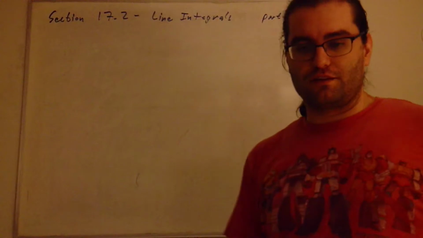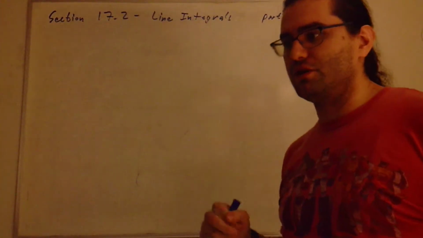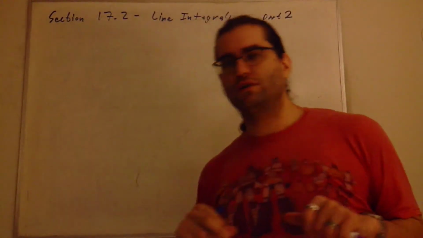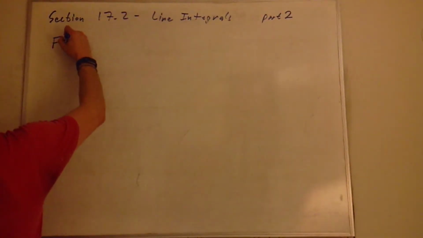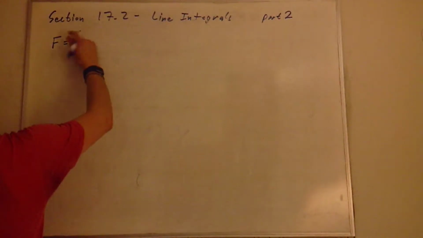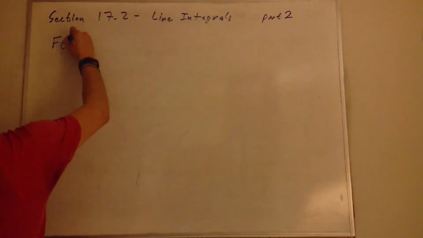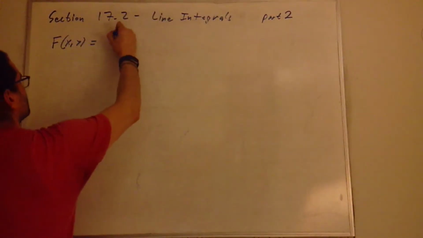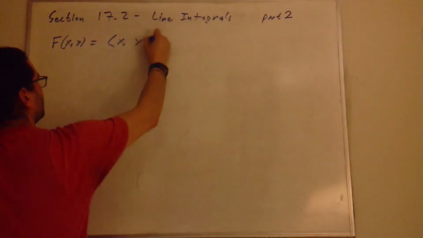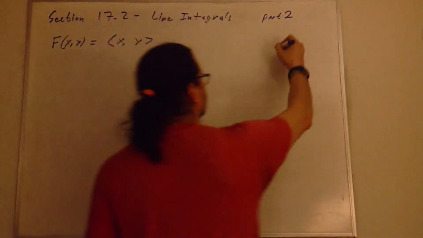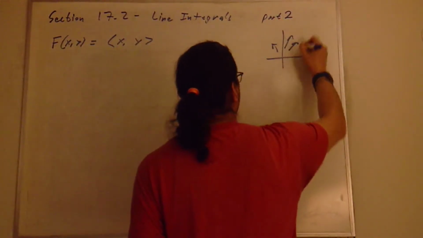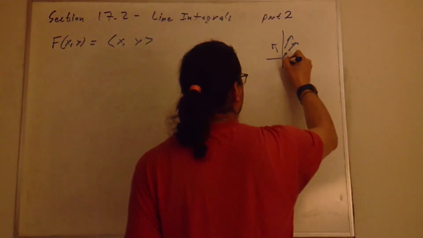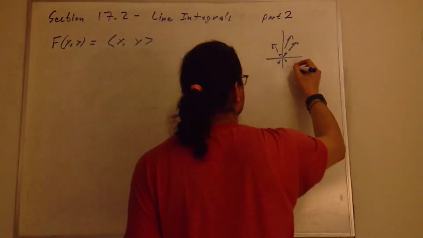Let's do some line integrals. The next example I want to do is I want to use another pretty straightforward vector field. We're going to use the explosion vector field, f of x, y equals x comma y. So this is the vector field where everything is radiating outward. You get little vectors close to the origin.